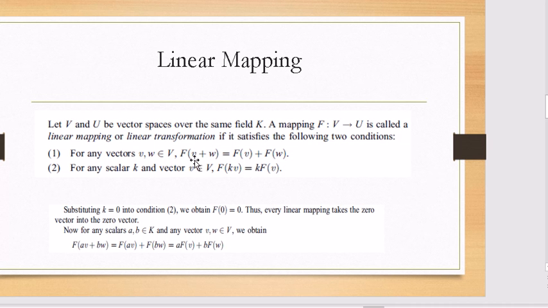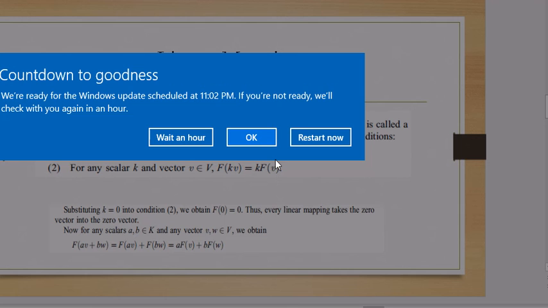This means that if we apply f on the sum of two vectors, then it is the same as summing the images of these two vectors under f.